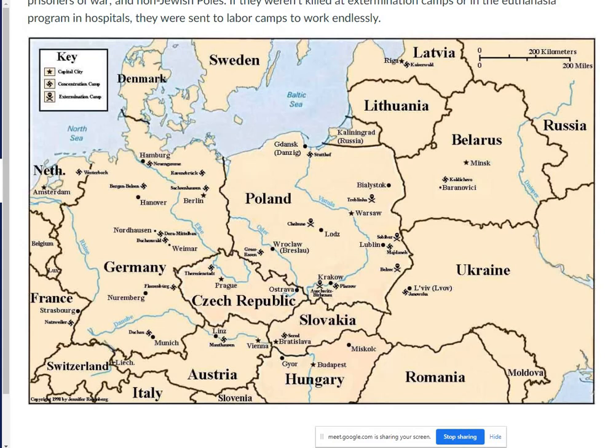I don't even know where the other one is. Okay, where am I at? Oh, there's Treblinka, right over here, and we've got the skull and crossbones. Anything with a skull and crossbones has gas chambers, basically. You can tell that in Germany they were trying to keep Germans away from this so that they wouldn't lose support.